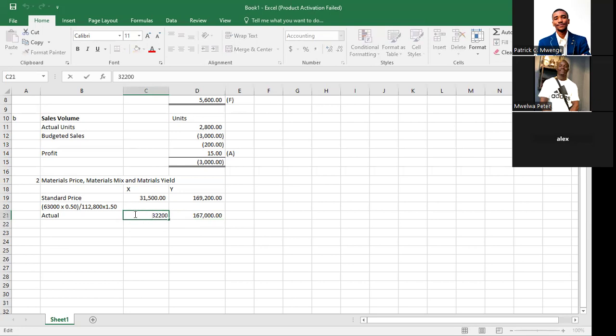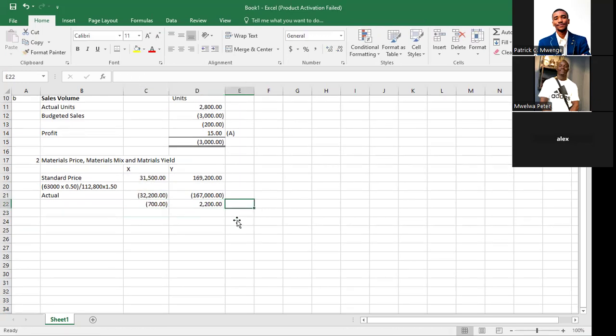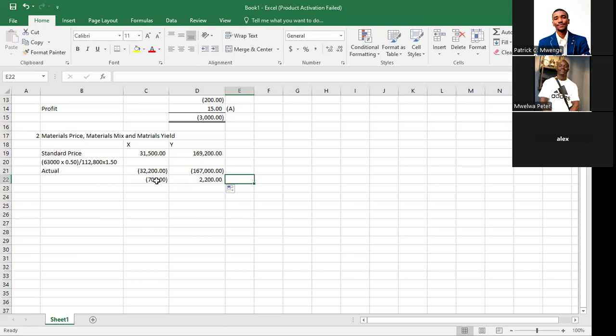And we need to match them against the standard. So match these two against the standard, and then it's going to give us the variance that we are looking for. So here we've got an adverse variance, and there we've got a favorable variance. So this one is adverse, you put an A, like that.